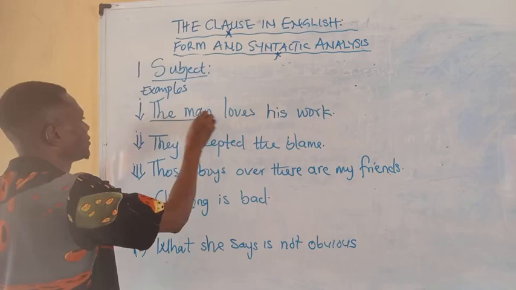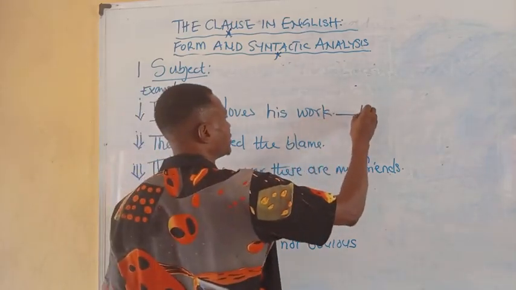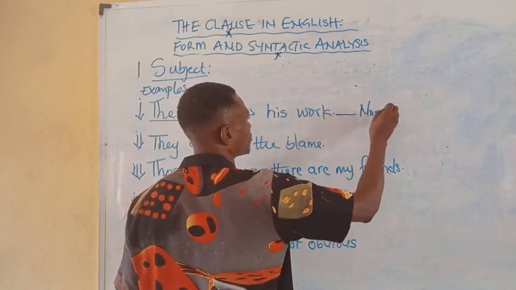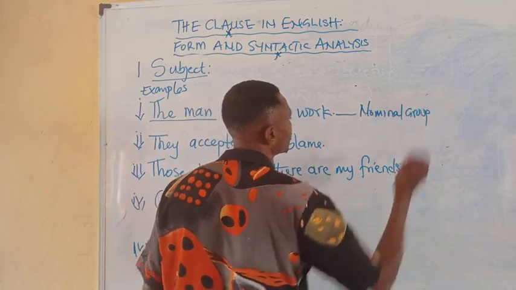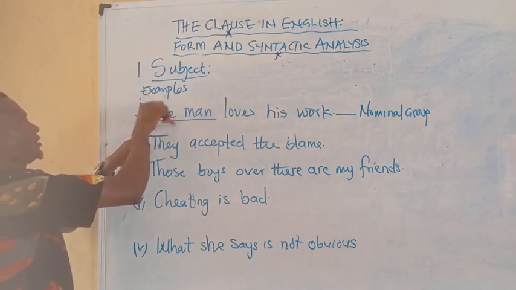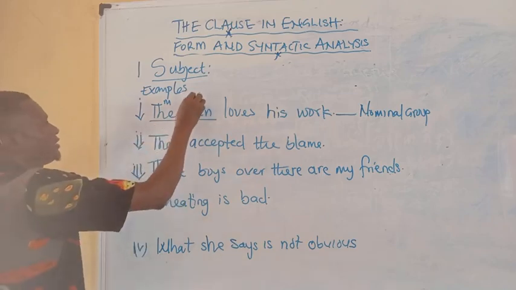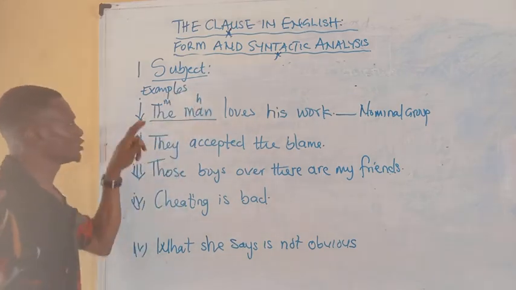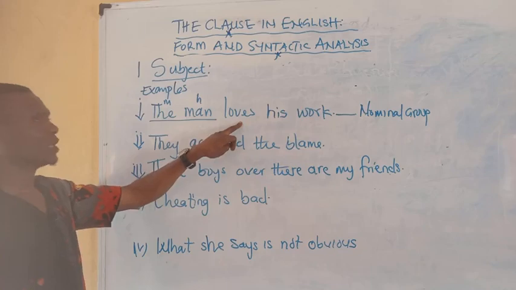The man here is the subject as a nominal group. The article here is the modifier M, while man is the head, E. The nominal group, the man, performs the action loves.